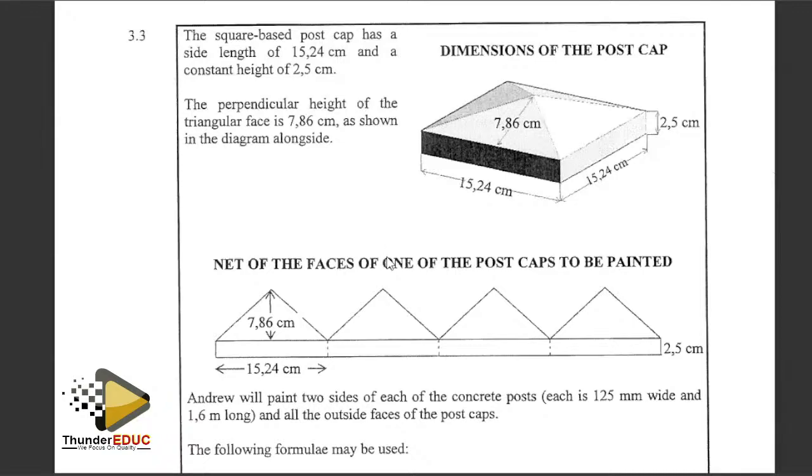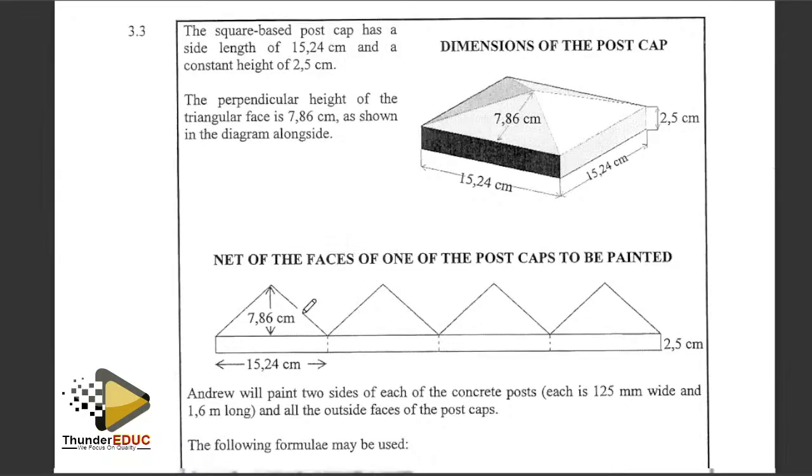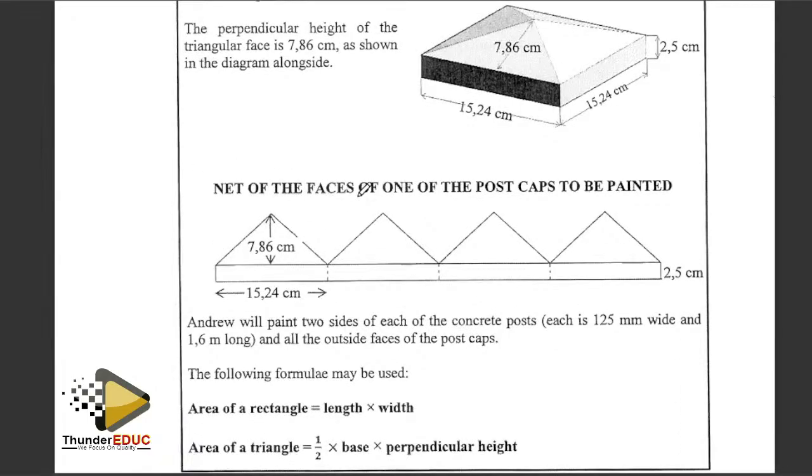The perpendicular height of the triangular face is 7,86 centimeters, as shown in the diagram alongside. Okay, now we go on and we say the net of the faces of one of the post caps to be painted. These faces are going to be painted.